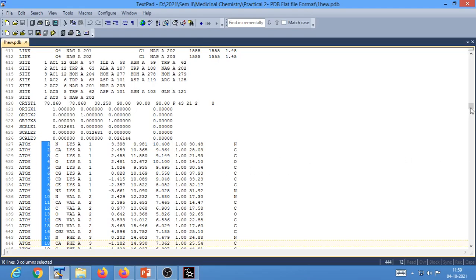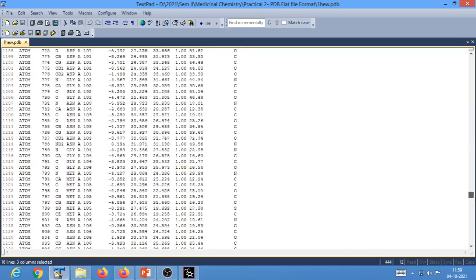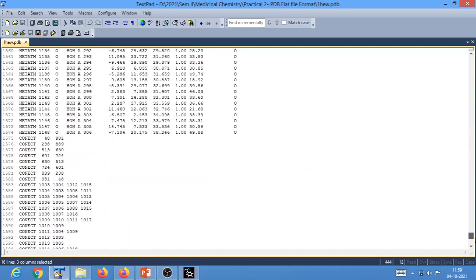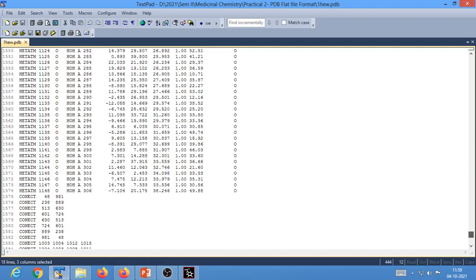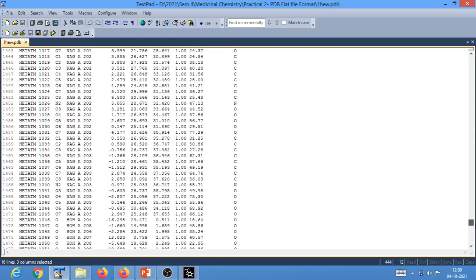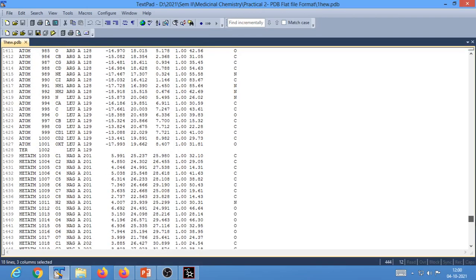If you scroll down, how many atoms are there in your PDB file? You can see that in your protein molecule there are 1001 atoms. And this heteroatom would correspond to non-protein components. We would come to this in a while.